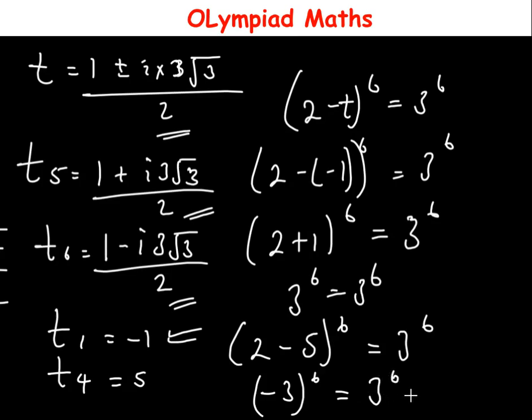From here, the value of t4 is also correct, because if you have a positive even power of 6, what you have is a positive value, because minus 3 raised to power 6, in 6 places, you will get 3 raised to power 6. And with this, ladies and gentlemen, we've solved for the values of t for this equation.